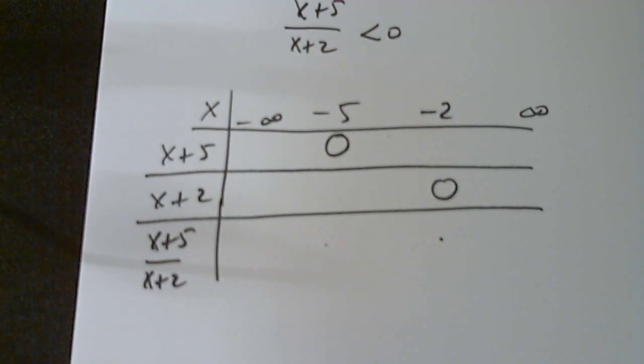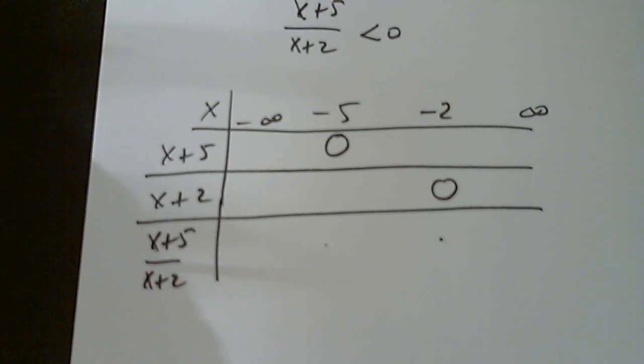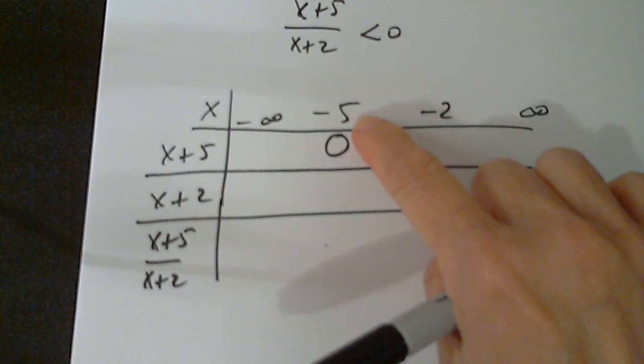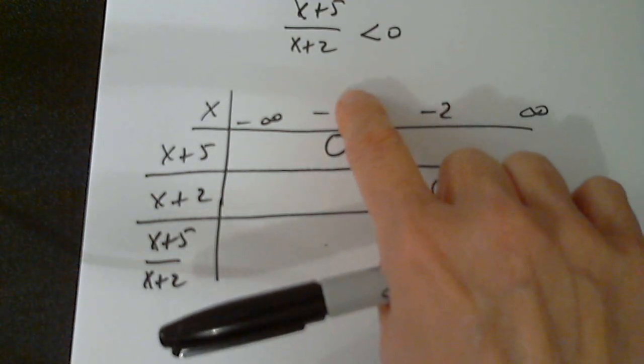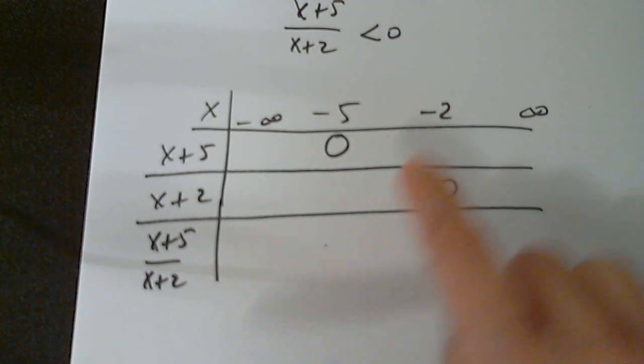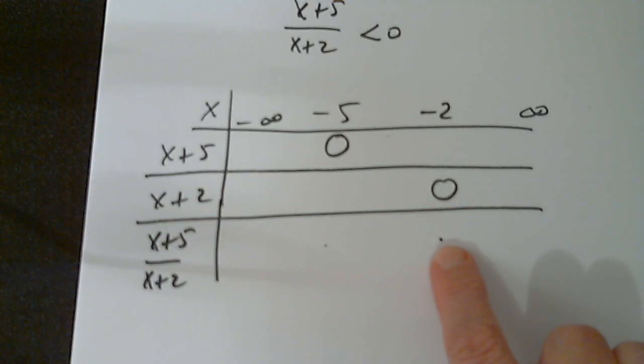When the numerator is 0, in other words, when x is -5, what happens to the fraction? I have to write something here and I have to write something here.